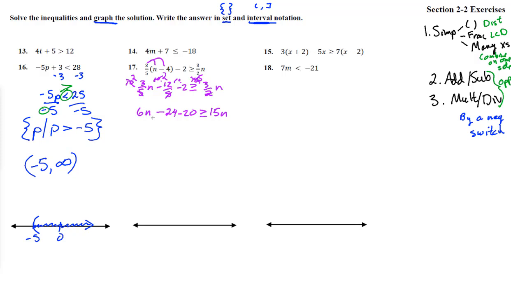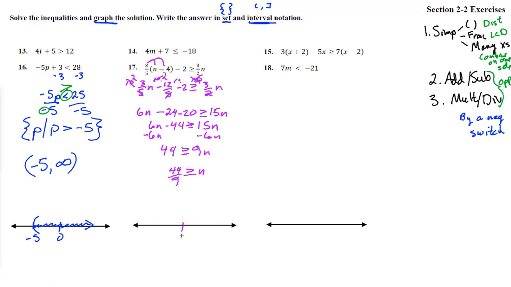Okay, so that's 6n minus 44, not equals, greater than or equal to 15n. We've got to get the n's together on the same side, so let's subtract 6n, and we get 44 is greater than or equal to 9n. So divide by 9, and we get n is less than or equal to 44 ninths.